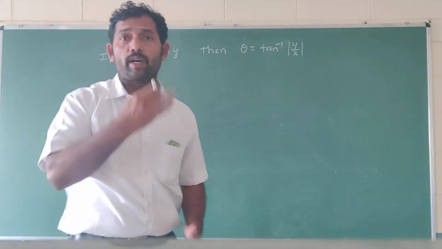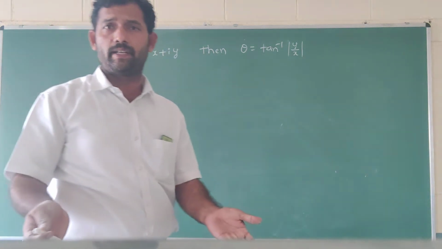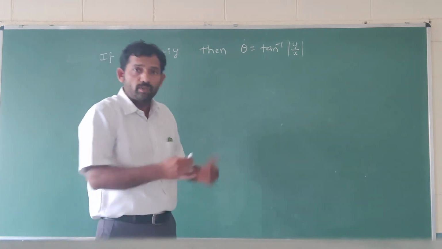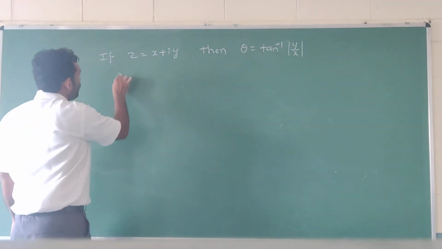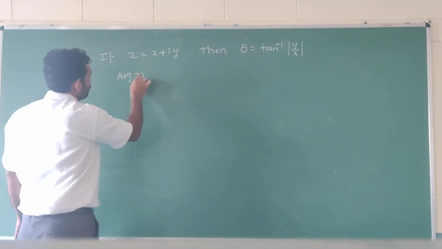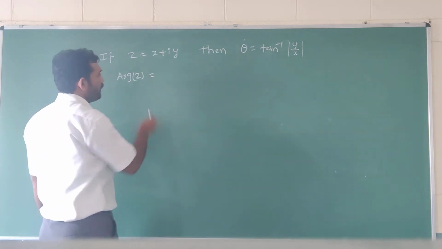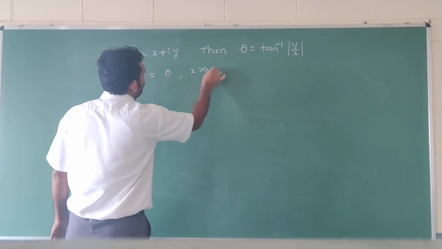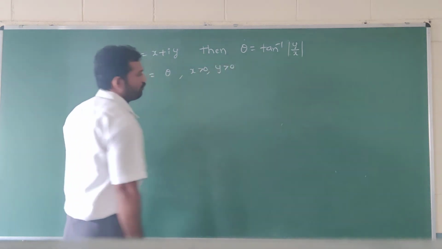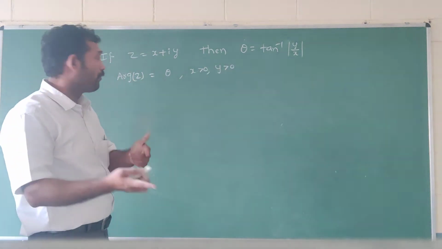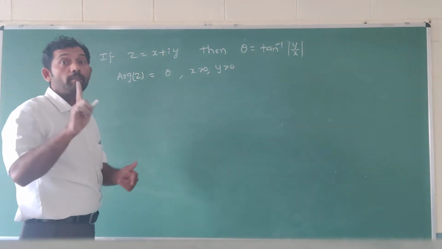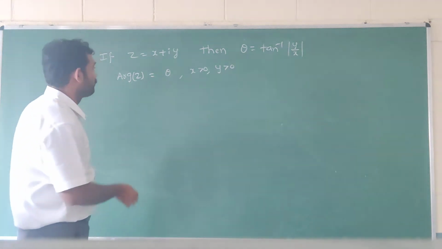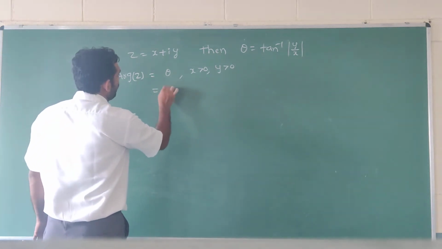Now you write quadrant wise, already given table. Once again you see, in that, the complete argument of z. So argument of z in the first quadrant is theta, if x greater than 0, y greater than 0. X greater than 0, y greater than 0 means the complex number lies in the first quadrant. Next one, pi minus theta.